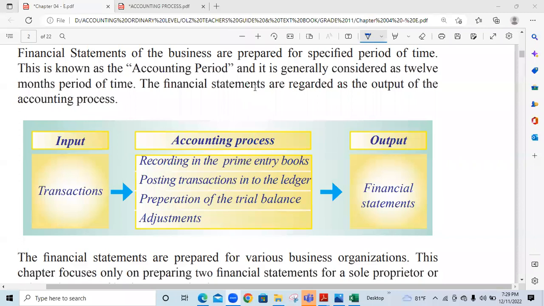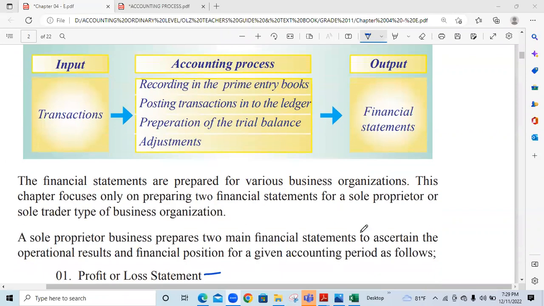Sometimes they say accounting period, sometimes they say financial year. All are the same. Or they say annually. They mean 12 months. So usually the financial statements are prepared for 12 months.